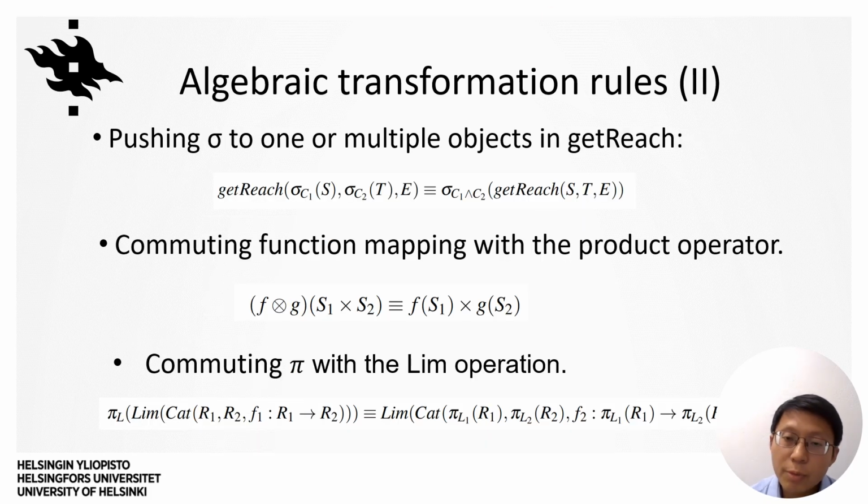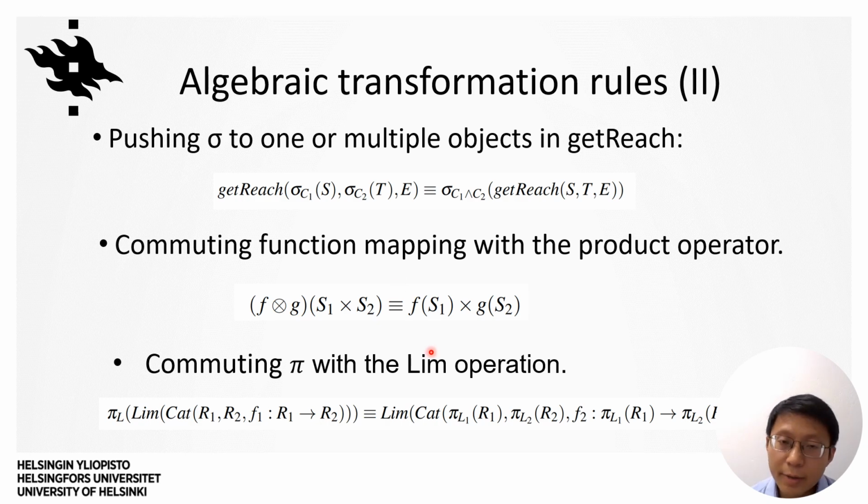The first formula shows that we can push sigma to one or two multi-objects in get-reachable. Get-reachable means that in graph data, we want to find the nodes from S and another node T, such that S is reachable to T. So the first formula shows that we can first do a selection, then compute the get-reachable, which will be cheaper in most cases.